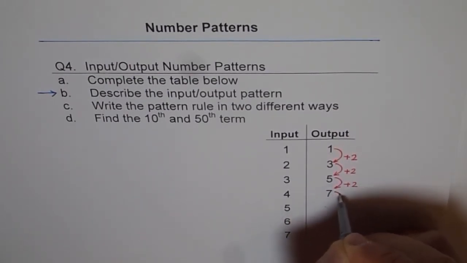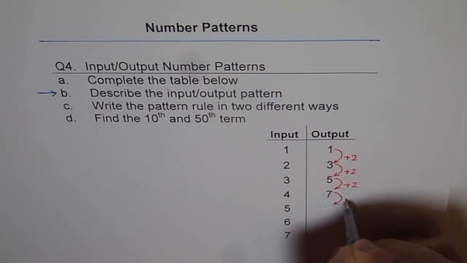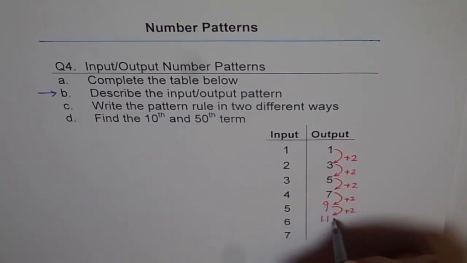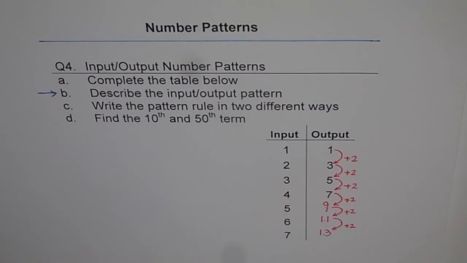So if I go to the next term, what should I do? Add 2 and get here, right? So 7 plus 2 is 9, so I get 9. How about this? Add 2. 9 plus 2 is 11, I get this. How about this? 11 plus 2 is 13. So that is how you get your outputs.